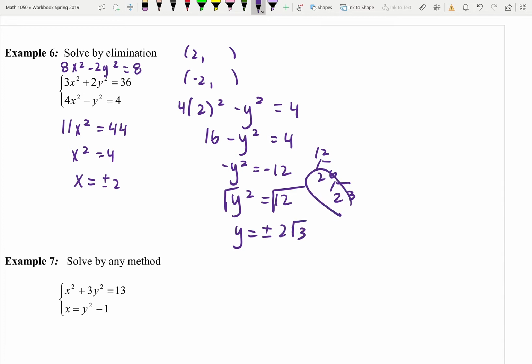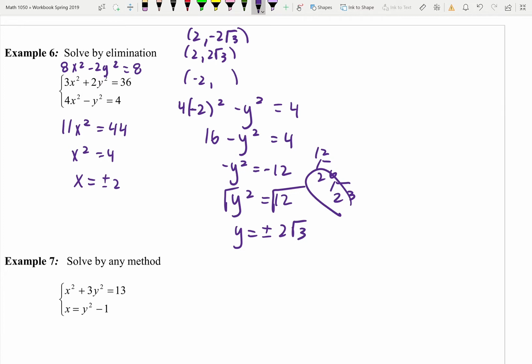So look what happened. When I put in a 2 for an x, I got 2 y values. So now I'm going to have an ordered pair of 2 comma 2 square root of 3, and then 2 comma -2 square root of 3. Okay? Now look how sweet this turns out. Look what happens when I put in a -2. Just change that 2 right there to a negative.